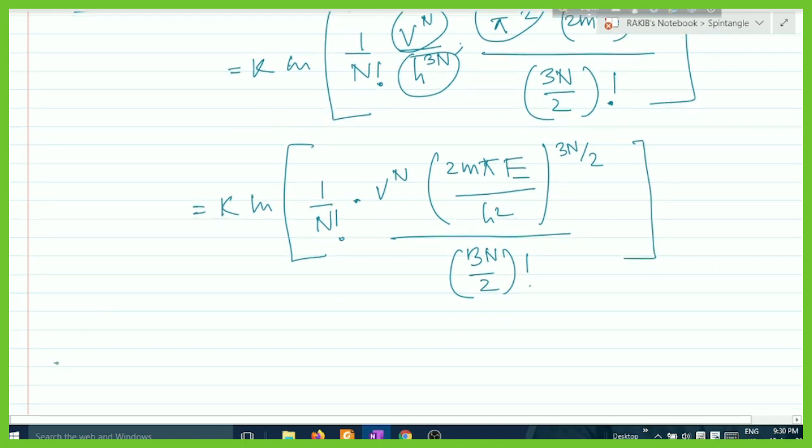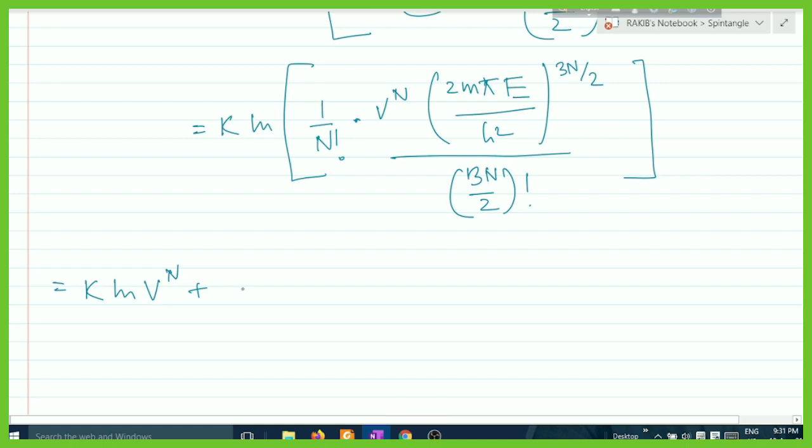So the numerator term will be on the positive ln side, ln V^n. This is the first term that comes from this. The second term will be k ln (2 pi m e upon h square) to the power 3n by 2.